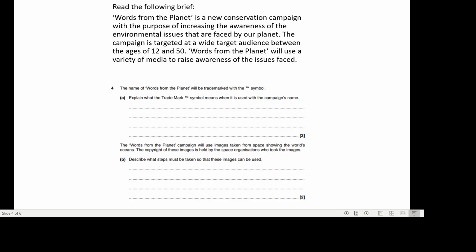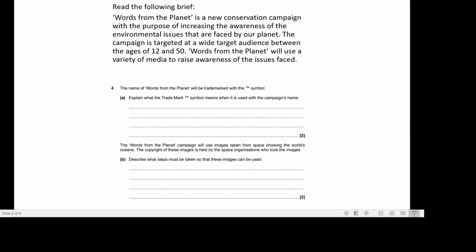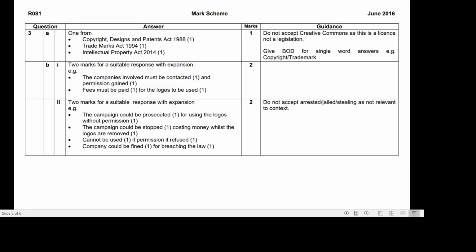Okay, so if we look at the first question first, which was the Kids 5 a Day questions. Okay, so question 3A, it says here, do not accept Creative Commons as this is a license. Okay. Give BOD for a single word answer. So for example, copyright, trademark.